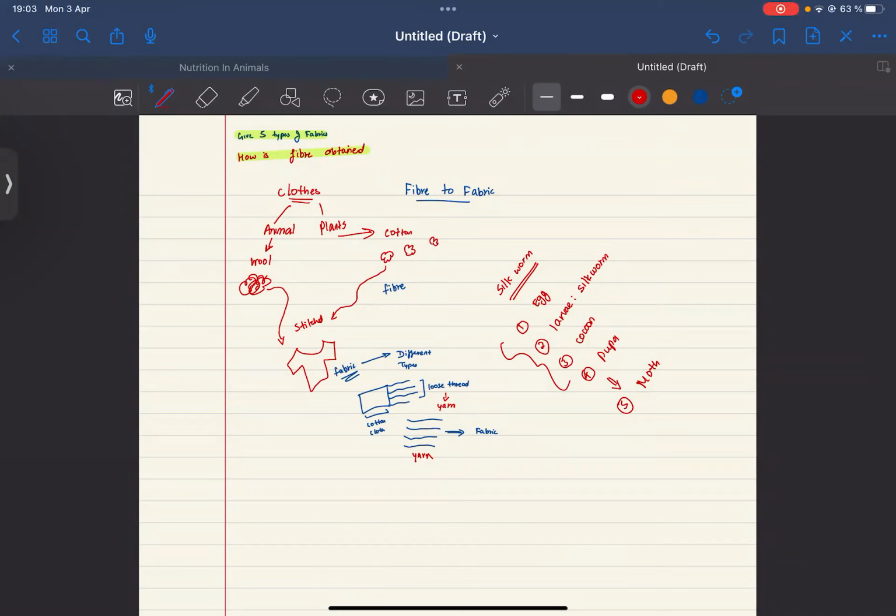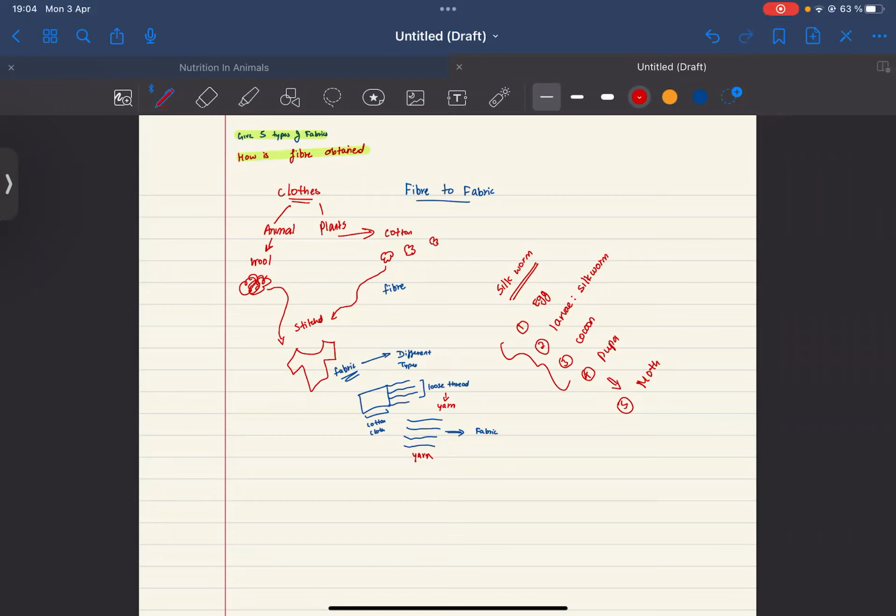In the last 100 years or so, fibers are made from chemical substances, which are not obtained from a plant or animal source. The fibers that are not from plants or animal sources are known as synthetic fibers. What are they called? Synthetic fibers.